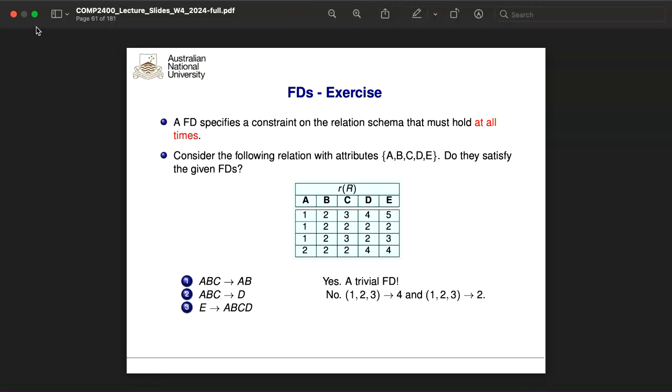E determines A, B, C, D. This is satisfied, because E has different values, and a functional dependency only cares about tuples that are the same on E. If they are the same, they should have the same value; if they are different, it is always satisfied, right?